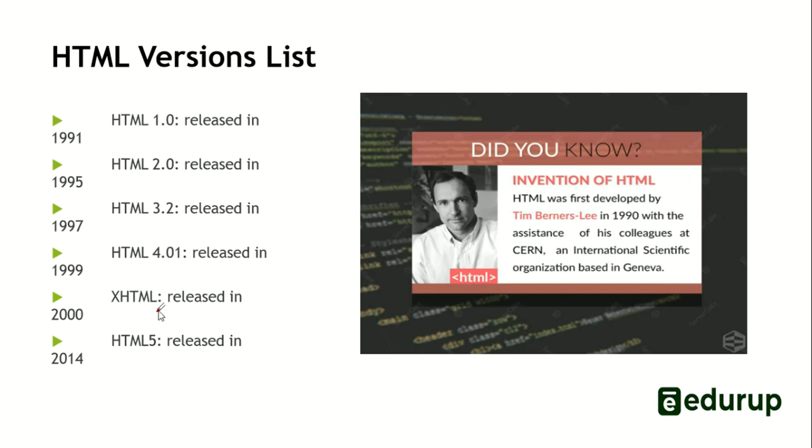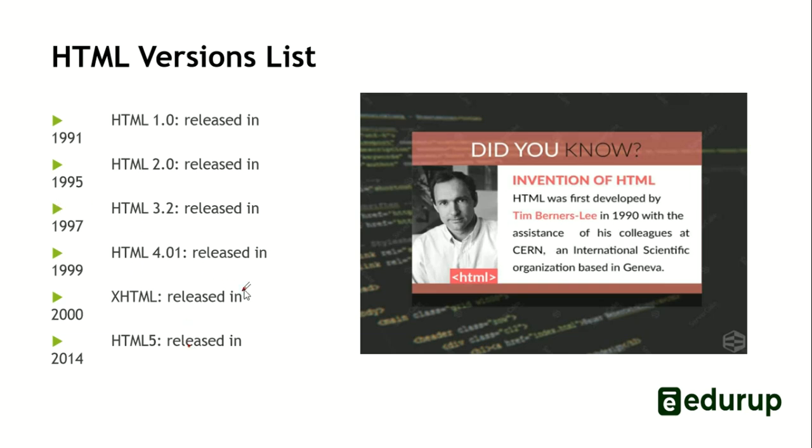XHTML, which means Extensible Hypertext Markup Language, was released in 2000. And finally, we have the latest version, HTML 5.0, released in 2014.